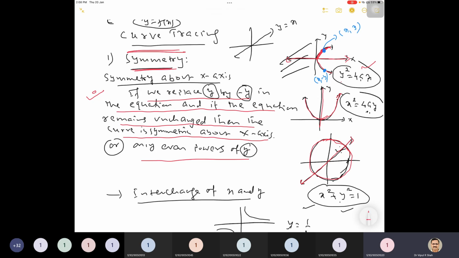Fine. Now yourself you write down symmetry about y-axis. What you will write?